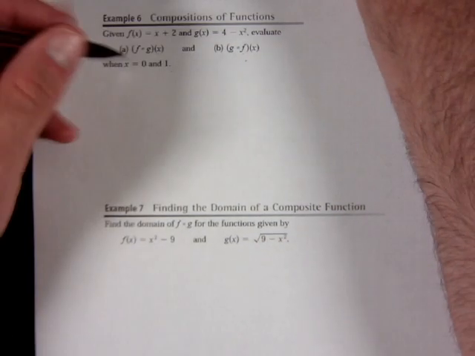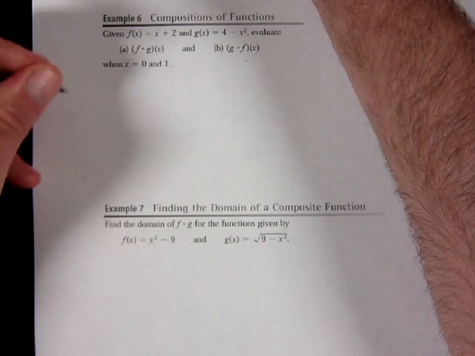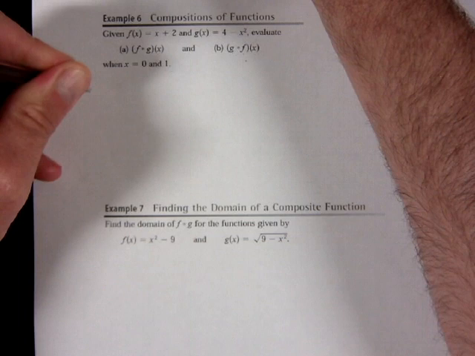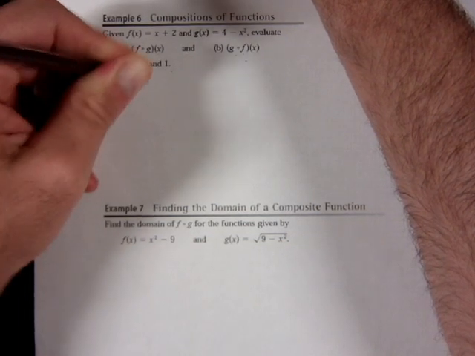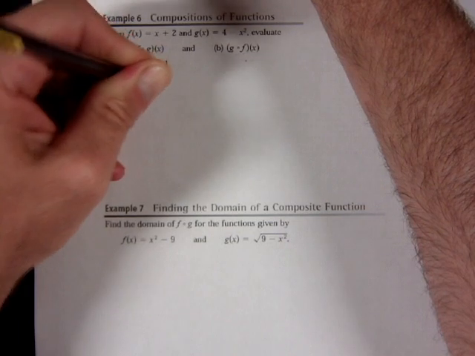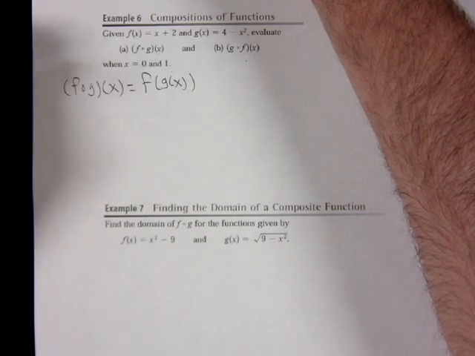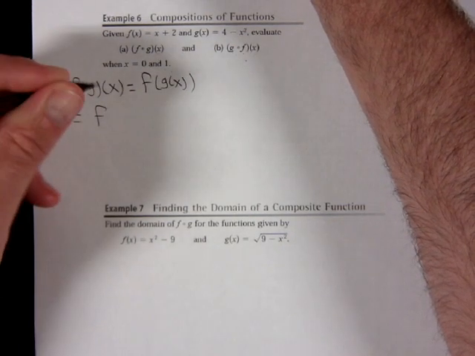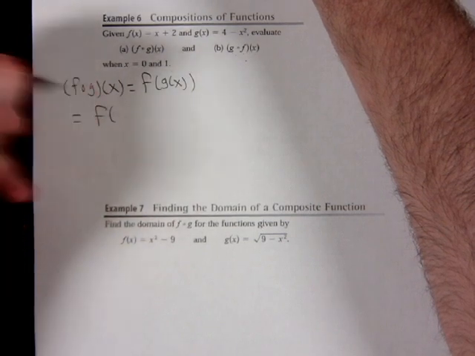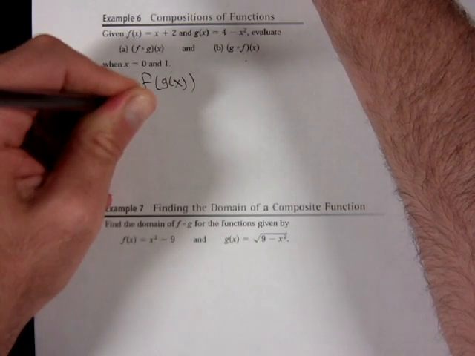The first thing I want to do is find f of g of x, and then I can plug in and evaluate. Remember, that is the same as this notation, f of g of x. Well, what's g of x? G of x is 4 minus x squared.